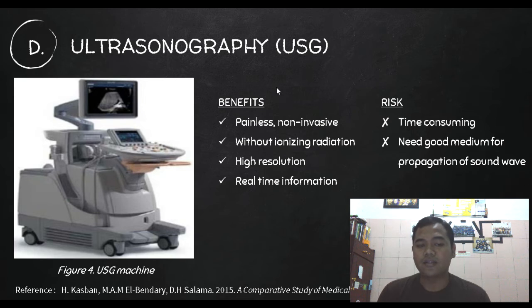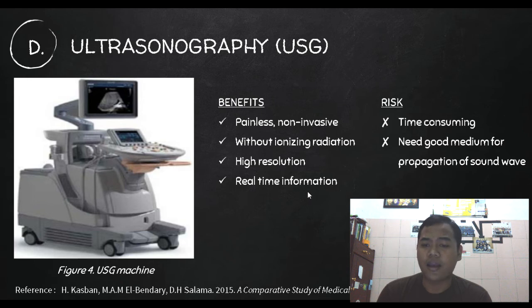We go to the next imaging device. There is USG or ultrasonography. Ultrasonography is a diagnostic technology that uses high-frequency broadband sound waves in the megahertz range that are reflected by tissue to varying degrees to produce a medical image. The benefit of USG is that it is non-invasive and painless. USG is using sound waves, so this device does not use ionizing radiation.